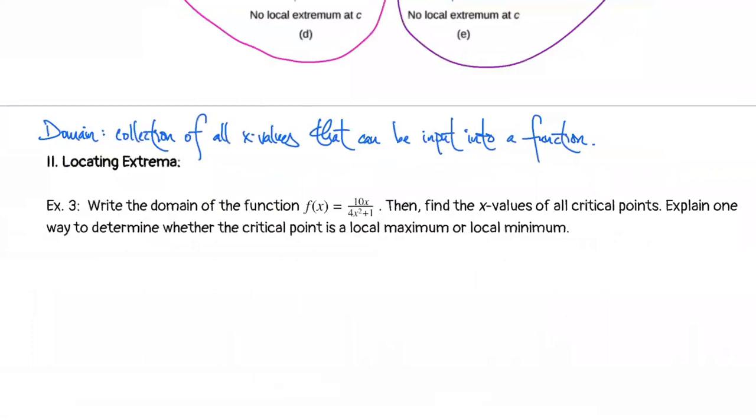Now, I feel like folks typically have a really bad experience with domain. They see the word and they freeze up, kind of like that trig trauma. Like you see a sine or a cosine and you're like, oh my gosh, I can't do this problem. If that is you, that's okay.